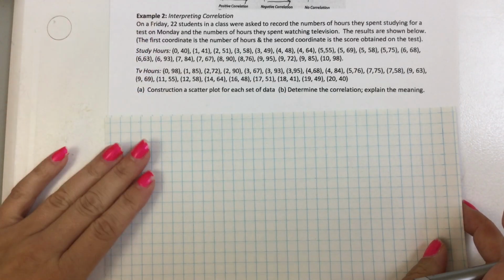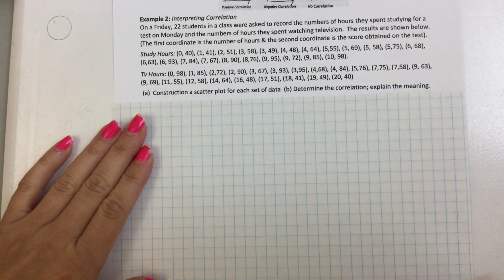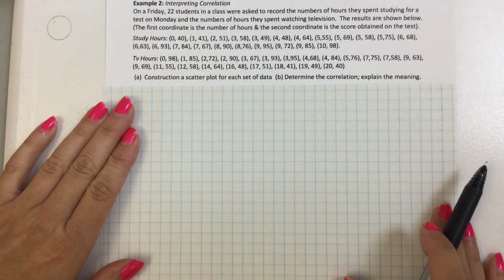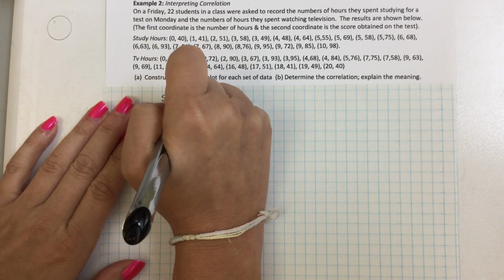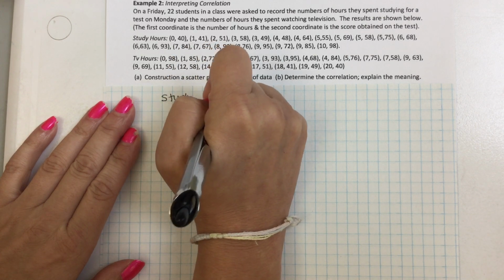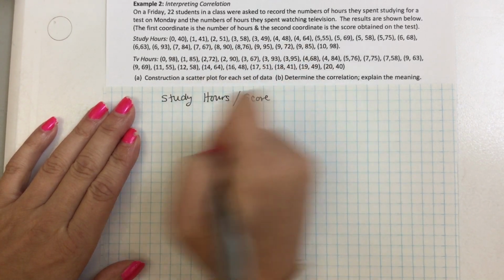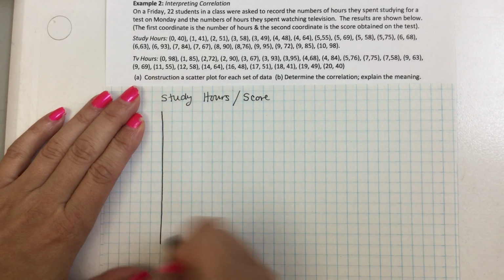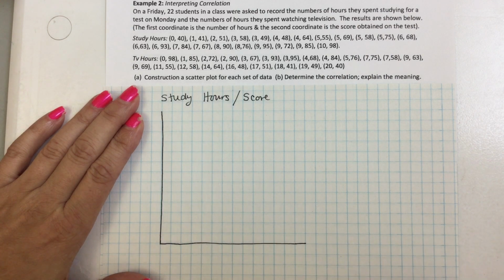Okay, so we're going to have two different graphs here. I'm going to use some graph paper. So study hours: the x value is how many hours they spent studying. The y value is what their score was on the test. So we're looking at study hours versus test score. Again, everything is positive because you can't have a negative test score and you can't study a negative amount of hours.